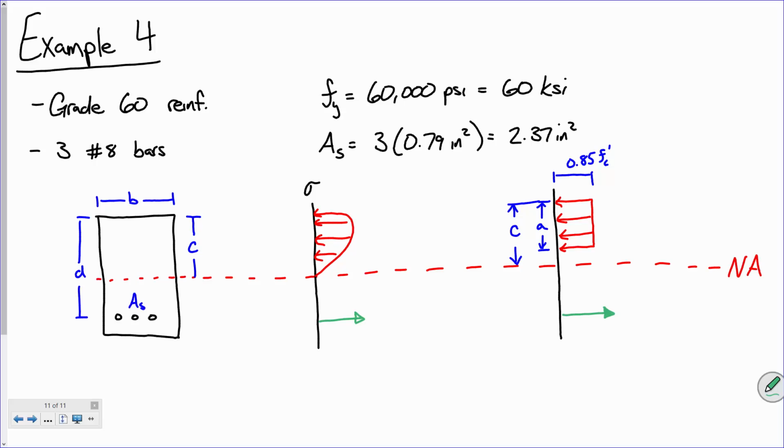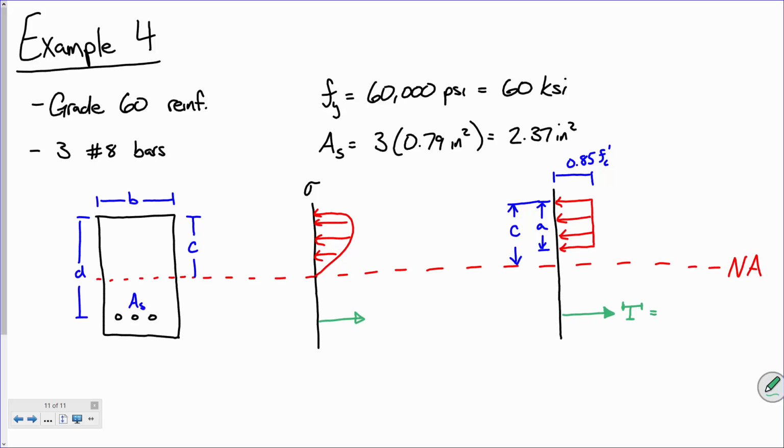Okay. So let me ask you this. I want to look at this from a force standpoint. This steel is going to be in tension. How do we calculate that force in tension? I'm talking about force, not stress. We know the area and we know the yield stress.